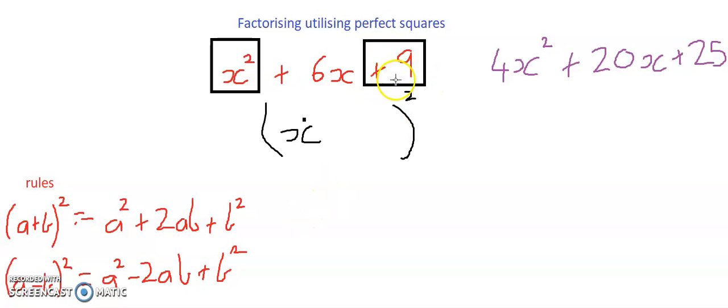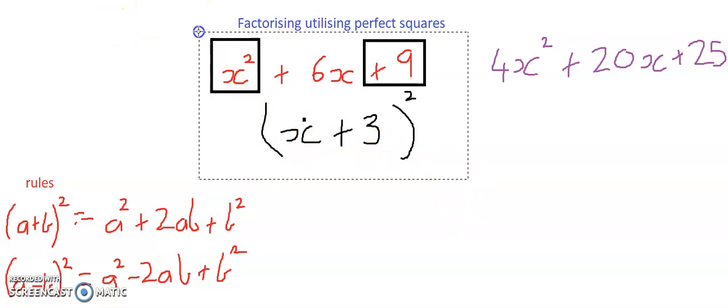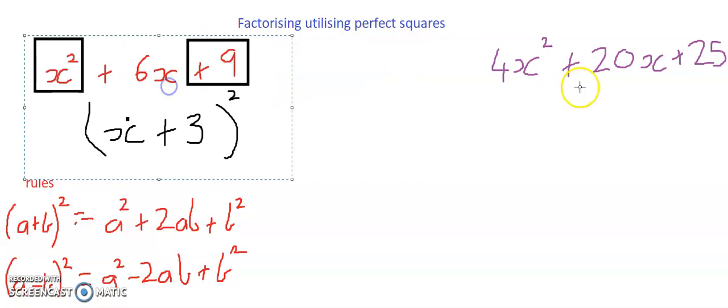So that means b must be 3. So it must be x plus 3 in brackets squared. We can see the middle is positive 2ab, which is 2 times x times 3, which is 6x. I'm just going to move this one over now, and let's look at our second question.